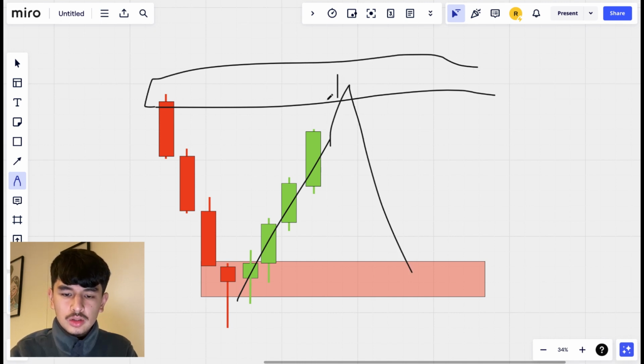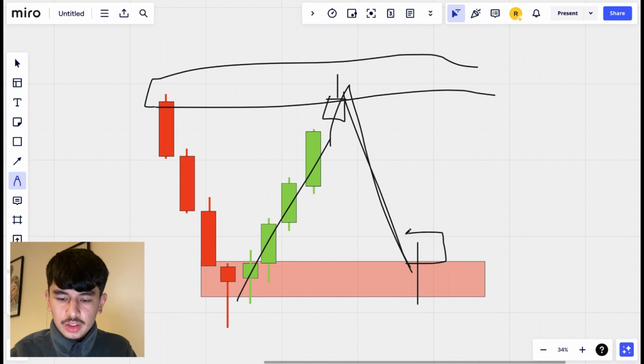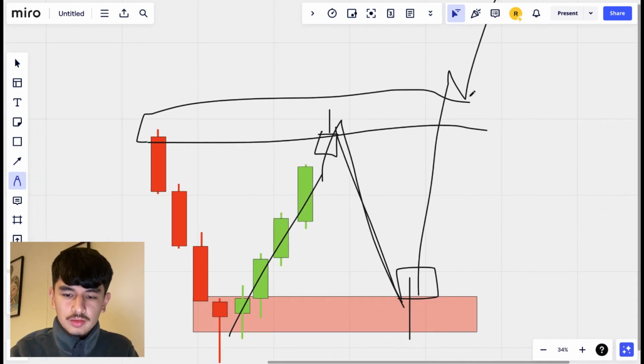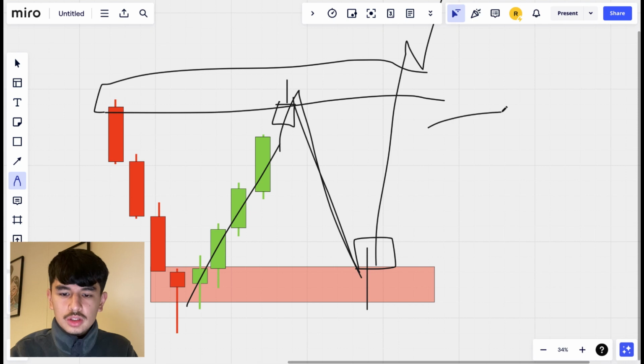But at the top here we'll see a lot of selling pressure, and then we'll come back down here and then we'll see a lot of buying pressure until it breaks out of this support or resistance zone to leave the market. Leave this zone. Just as simple as that.